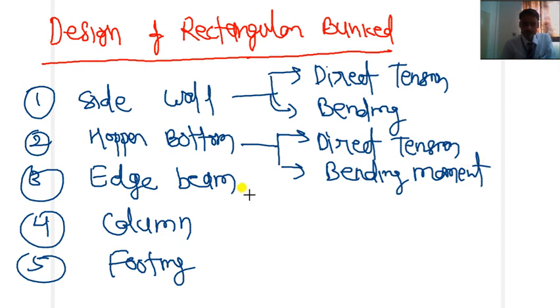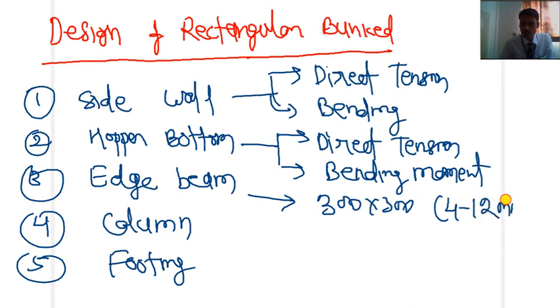For the edge beam, generally a nominal beam is provided here, like a beam of 300 by 300 dimension with 4 bars of 12 dia or a minimum percentage of steel. So a nominal beam is provided here.